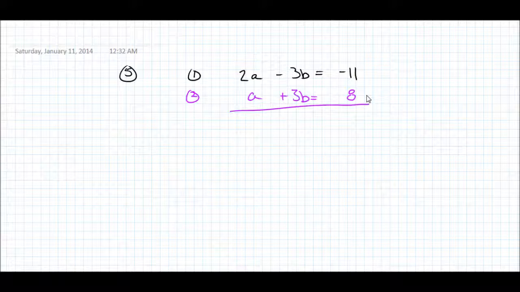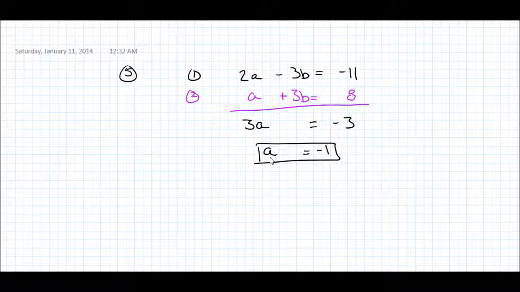So again, these equations line up nicely that we can just add them. So 2a plus a equals 3a, negative 3b plus 3b equals 0, negative 11 plus 8 is negative 3. So 3a equals negative 3. Divide each side by 3, so a is going to equal negative 1.